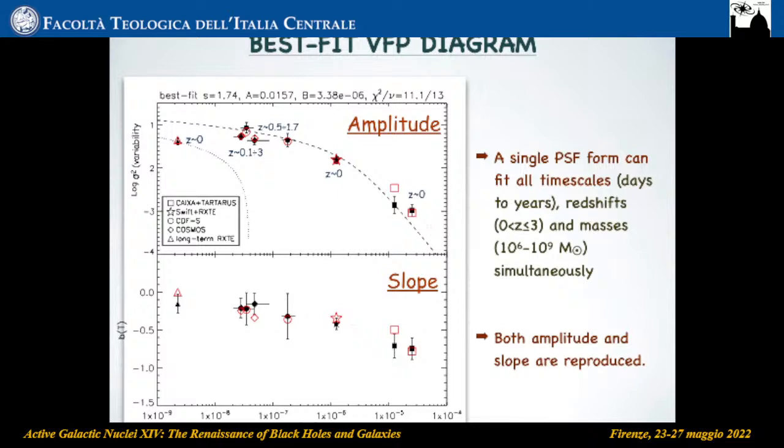So in this plot, you see the frequency, and here you see the amplitude of variability, and this is the slope of the mass variance relations. So each point here is one of these samples. These are the high redshift samples. These are low redshift samples.